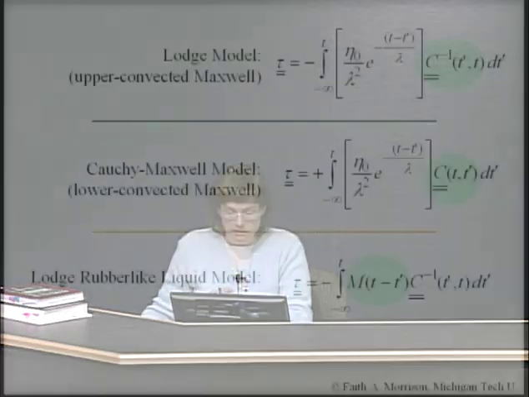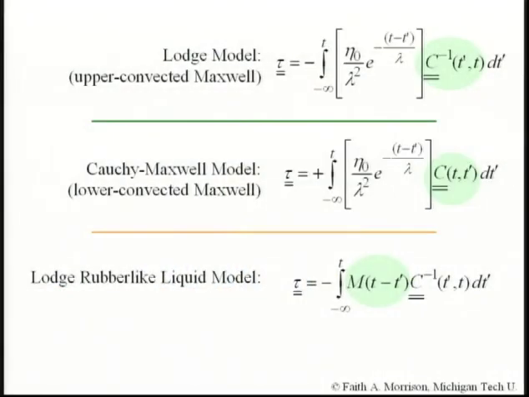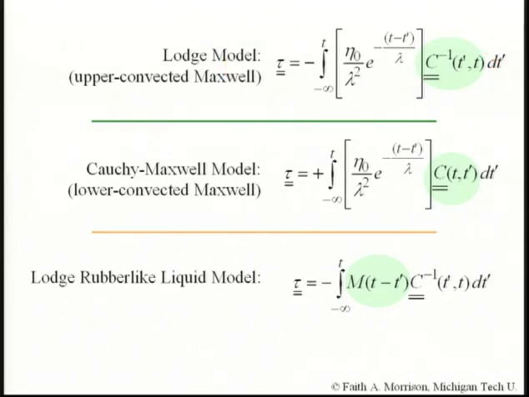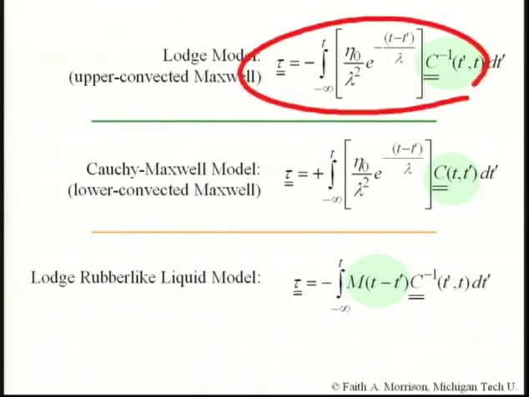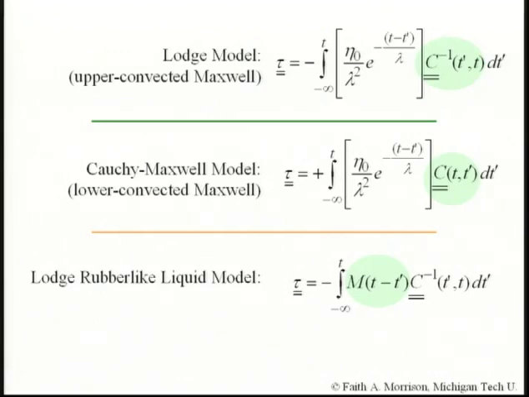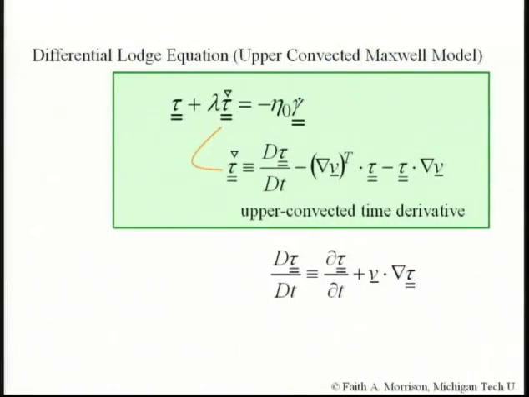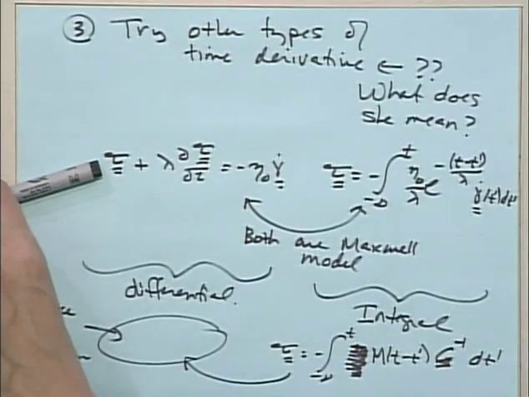And that's a calculation I'm going to skip because it takes a little while. So here is the Lodge model, which is the one I failed to write right here. If I differentiate this Lodge model to find out what the time derivative is and do a little bit of calculation, I get an equation that looks like this. This looks a little bit like the Maxwell model here.